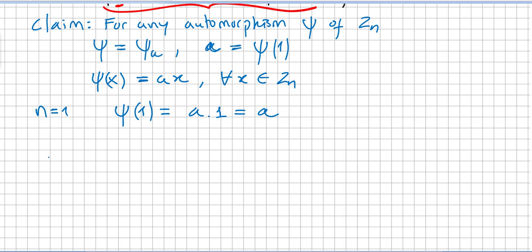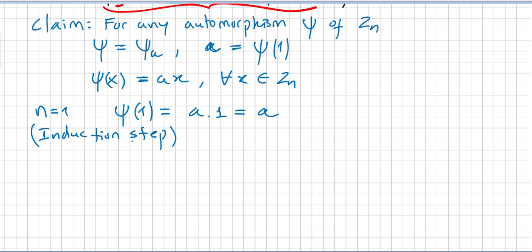Now the next one will be the induction step. So I claim that this is true for any fixed value.